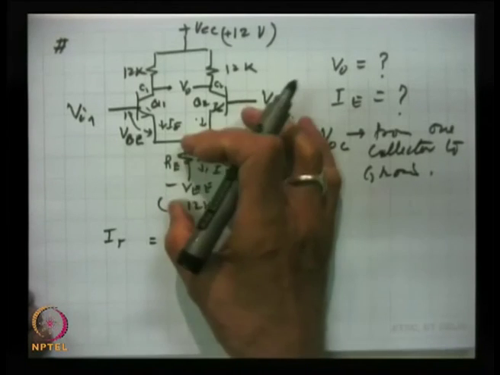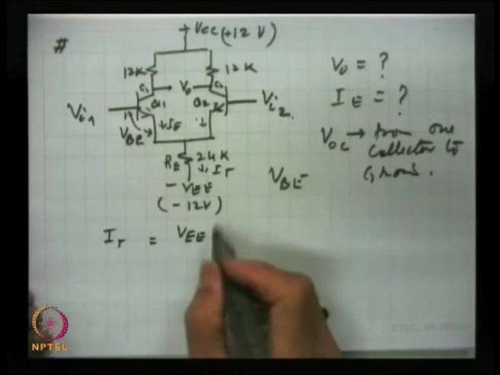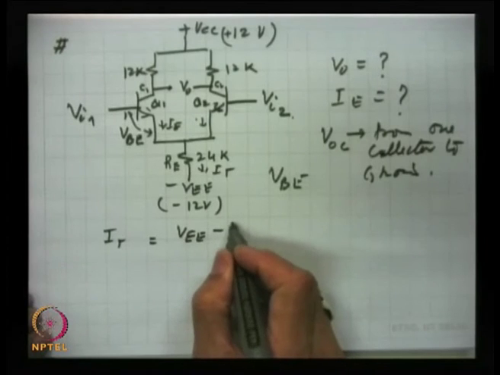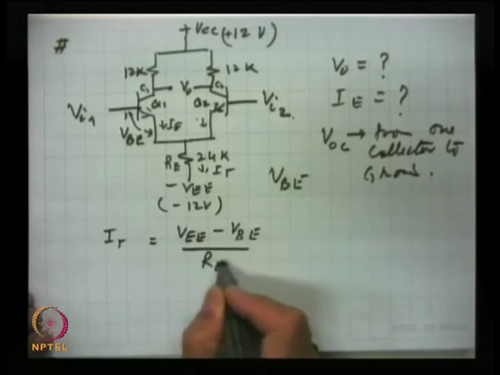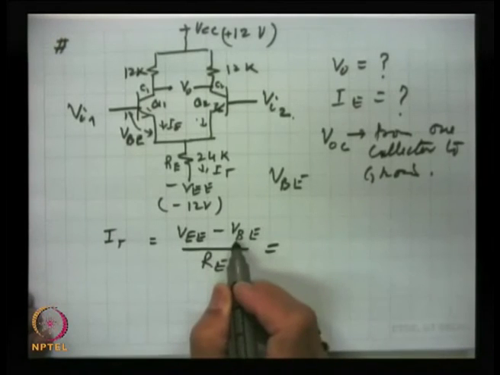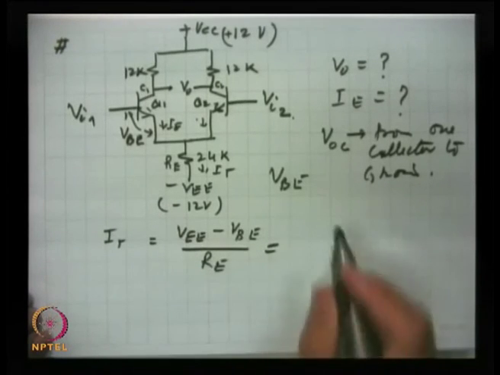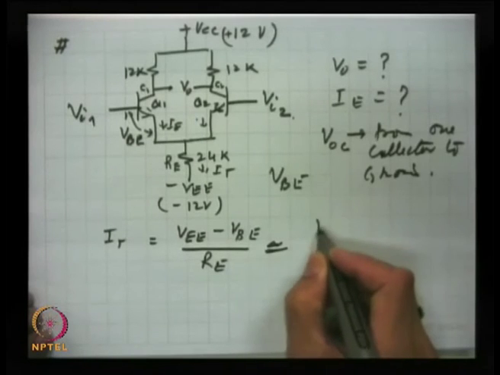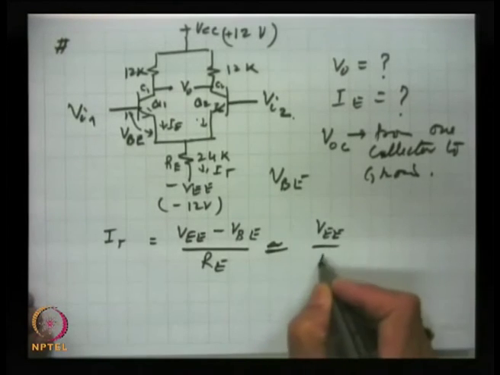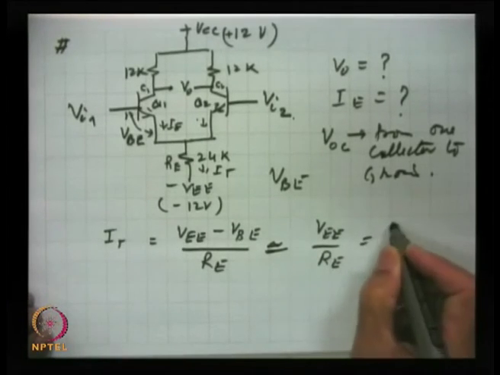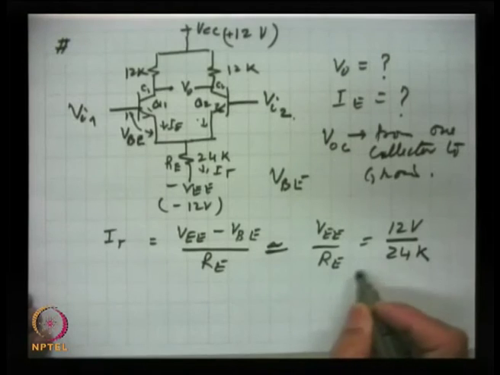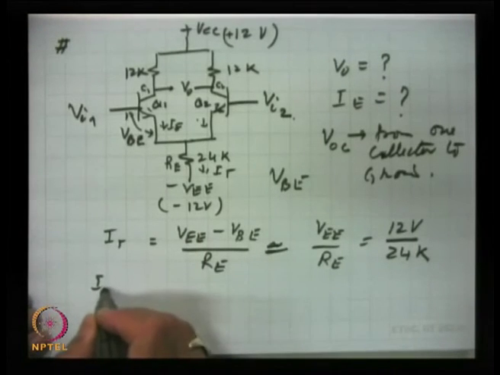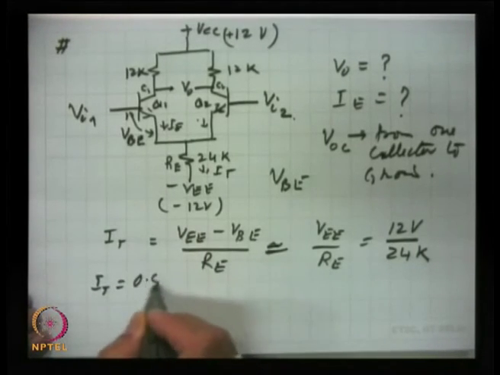So, the potential difference across this resistance is this divided by RE. This is the tail current. This voltage VE is very small in comparison to VEE, so this is approximately equal to VEE by RE, and this is 12 volts and this is 24 K. So, IT becomes 0.5 milliampere.